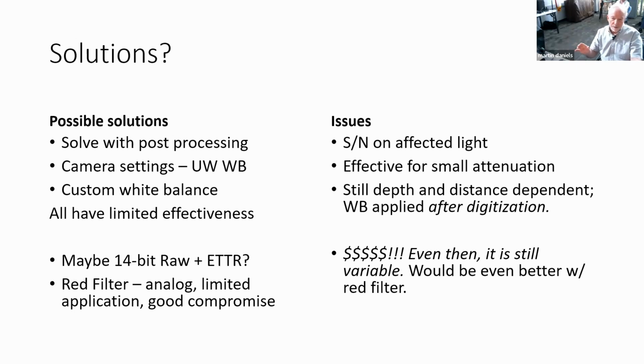It's a processing parameter, but it doesn't solve your problem of not having the reds. So the one thing you can do is put a red filter on, which is analog, which is crazy now, I know, but it removes the blues and greens. So you actually cut down on the light coming into your camera, but you do it in a way that balances the spectrum.